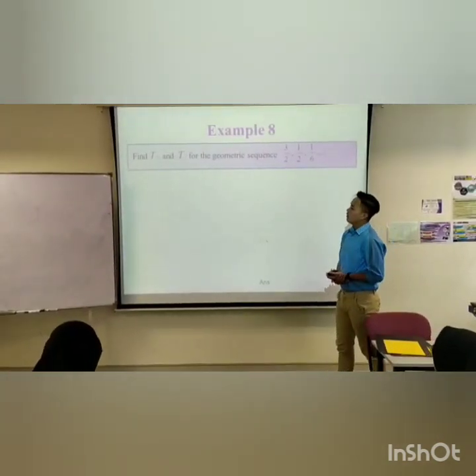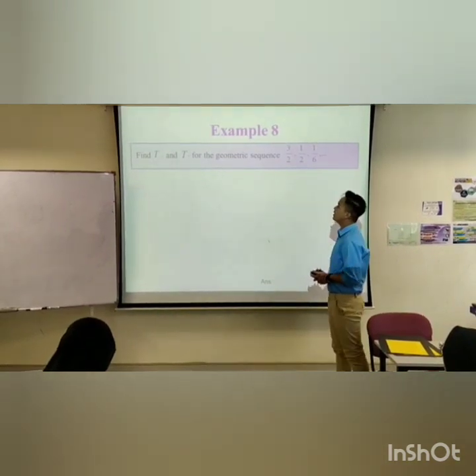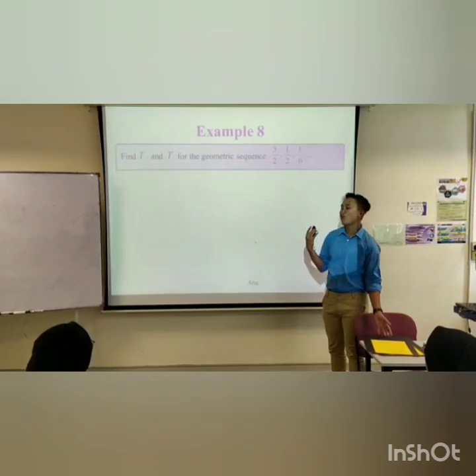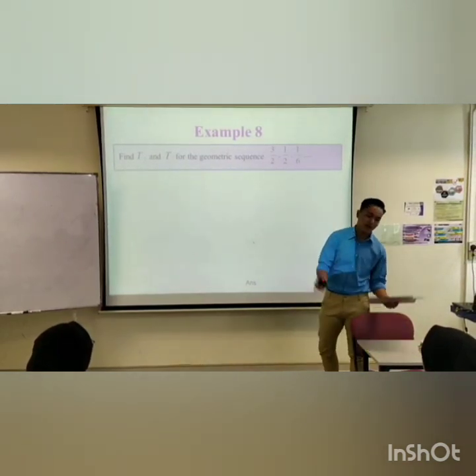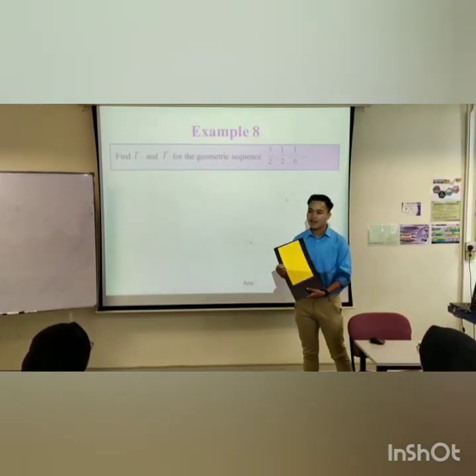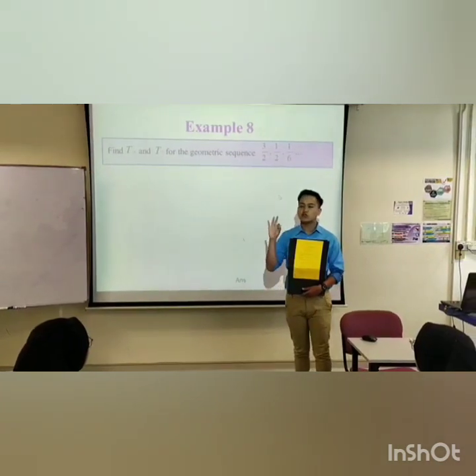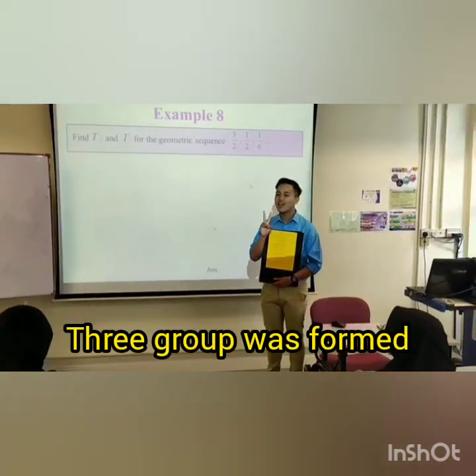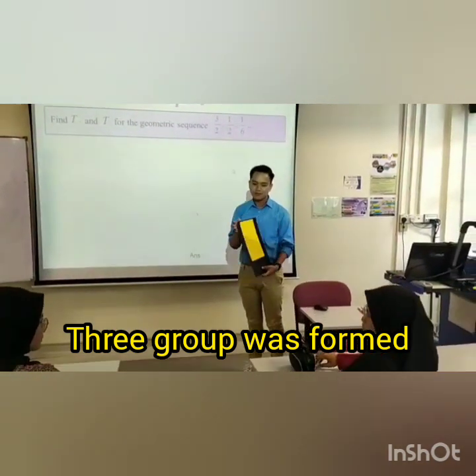Example: find Tn and T7 for the geometric sequence for the following numbers. I have a handout. I need you to form 3 groups. One group consists of 2 persons. Can I have 3 groups now?